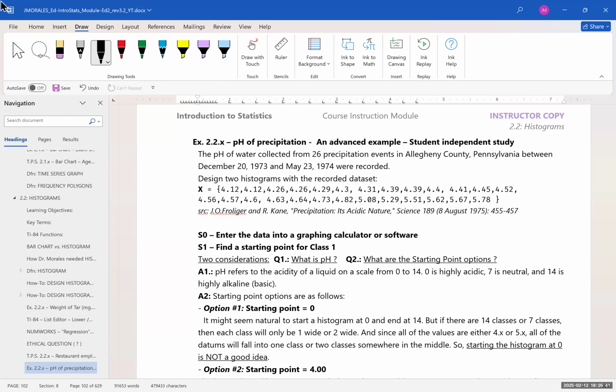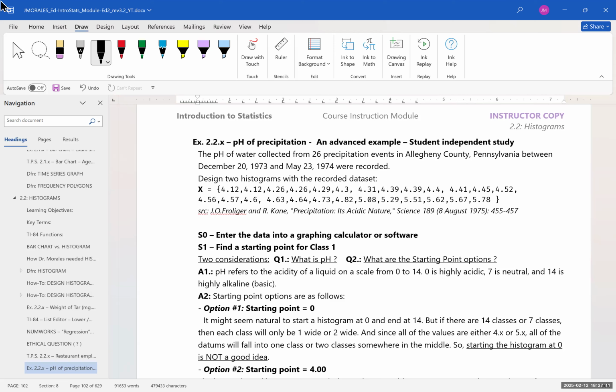All right, this next example, I'm calling an advanced example, but I think it's an important one to go ahead and record a video for and take the time to explain what I have written down. The reason is that the previous examples with histograms were textbook examples with data that looks nice and works out nice.